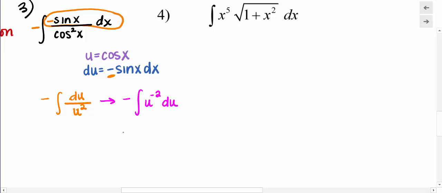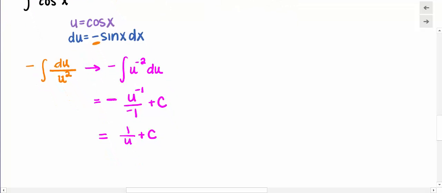So I'm going to keep the negative out front just for a second here. This is going to be u to the -1 over -1. Don't forget your plus c. And so then this will be +1 over u, if I just write that in terms of variables without negative exponents.